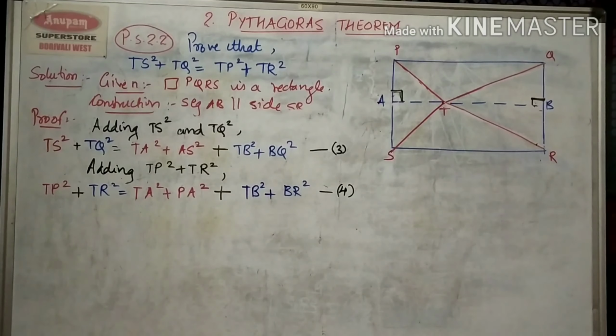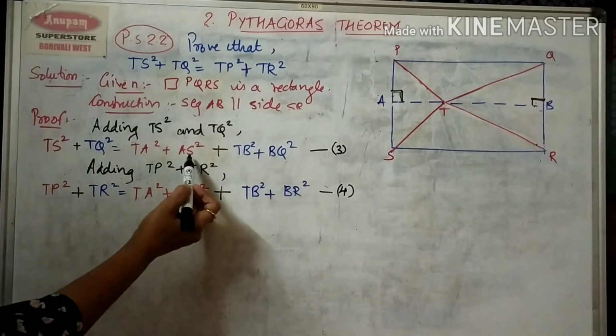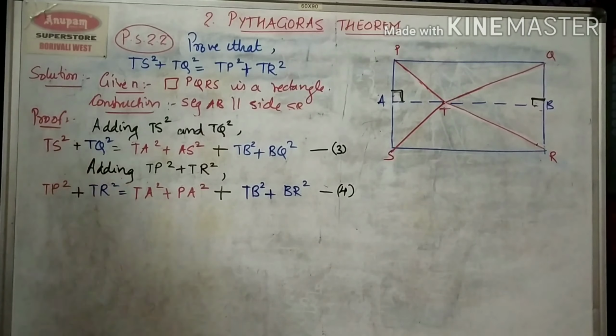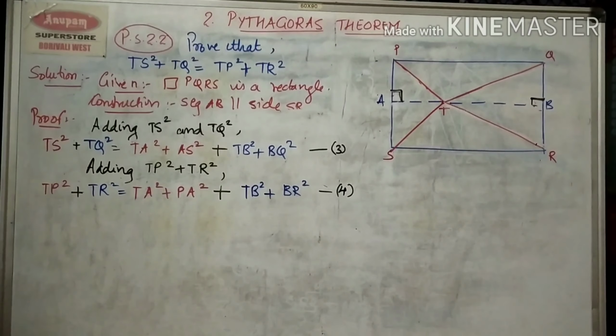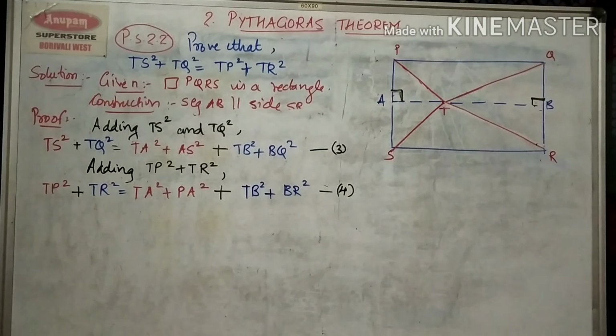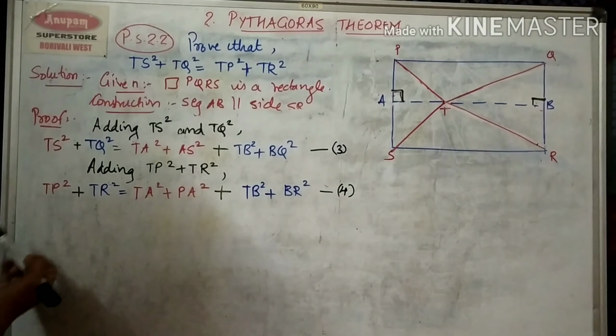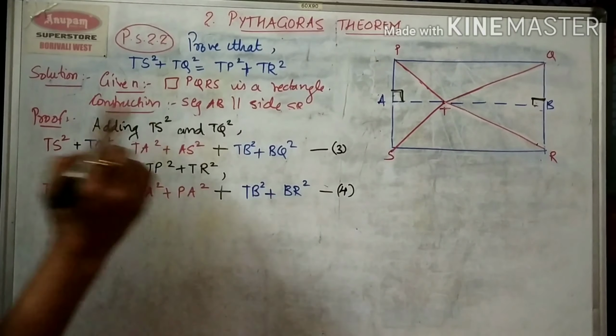Now, in the next step, after adding TS square and TQ square, we get TA square plus AS square. See, I got four various sides using the property. Now I am adding those, and when I add those, I get TA square plus TQ square is equal to this, and TP square plus TR square is equal to this.